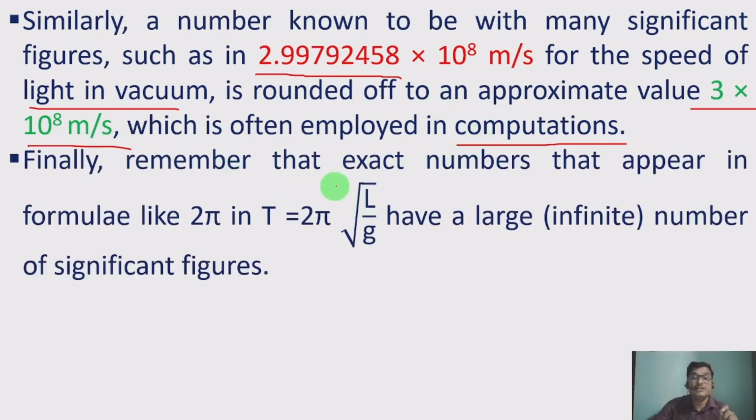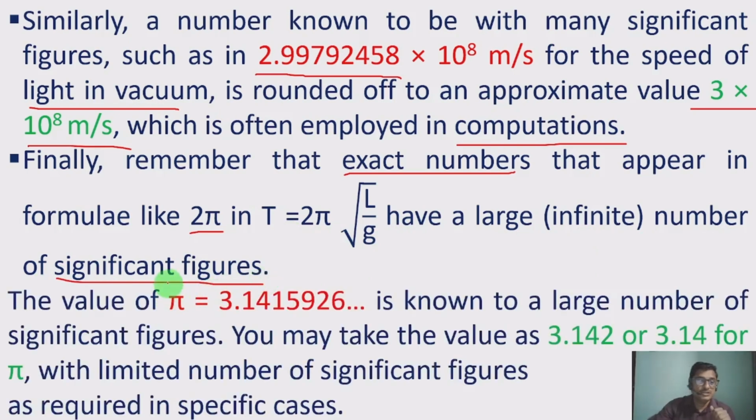Finally, remember that exact numbers that appear in formulae like T equals 2 pi under root of L by g have an infinite number of significant figures. The value of pi is 3.1415926 and so on, known to a large number of significant figures.